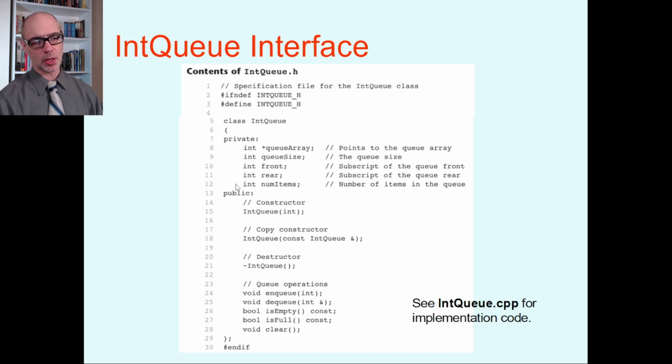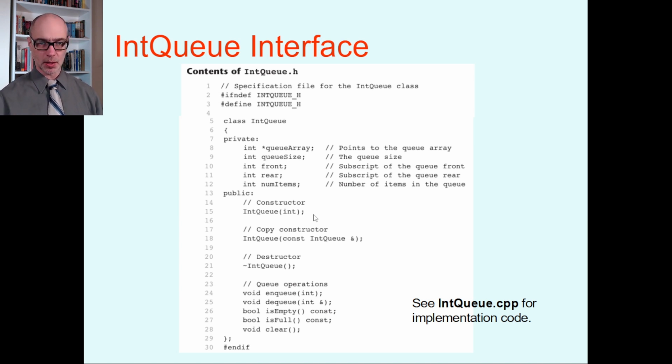And in this implementation, they also added another piece of data called num items for the number of items currently being stored. Now, my instinct would be that you should be able to compute that on the fly from the difference of the front and rear indices. But I guess in their implementation, they found it kind of convenient to just have that stored there all the time.